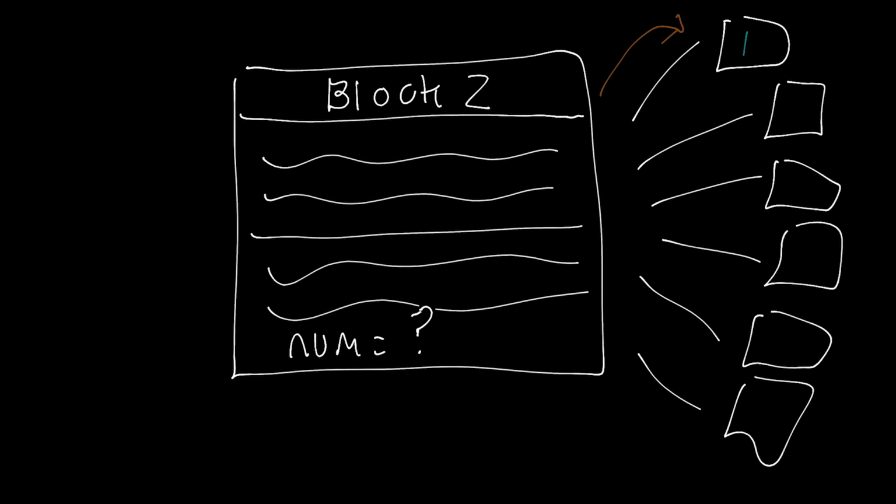The point is that what these miners are going to be doing is trying to guess some number, right? This is a random number that you add at the end of the block. And then when you hash the entire block, so all of the transactions associated with the block and the number together, it gives you some hash, some digest, that has 30 zeros at the beginning. And then the rest of it doesn't really matter what that is, but you're just trying to find something that has a certain number of leading zeros.